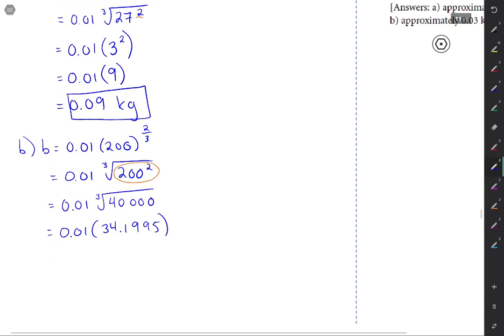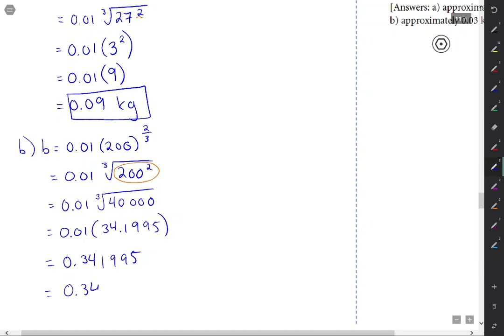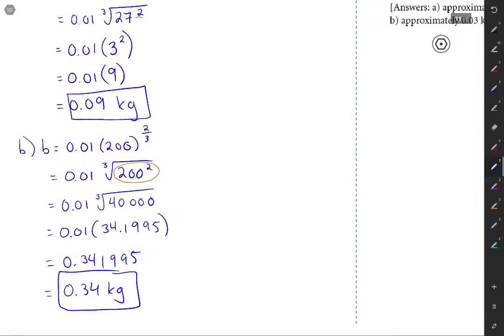And if we multiply these two together using our calculator once again, our answer would be 0.341995, or we can just round that to 2 decimal places, 0.34 kilograms. So these questions aren't hard, it's just letting us work with bigger formulas and implementing the skills we just learned.